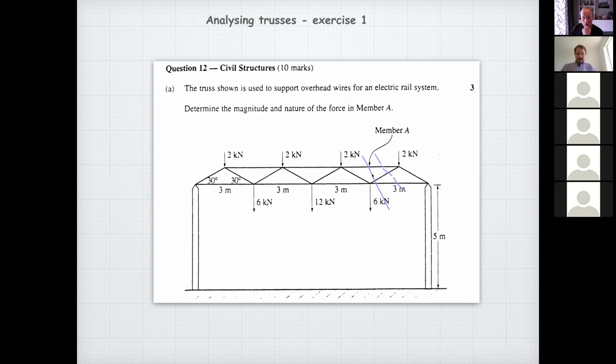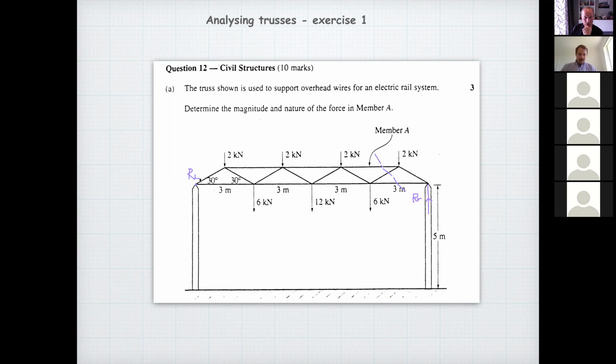And so you have to find this reaction here, right? We'll call that reaction right. Okay, and so we'll call that reaction left.